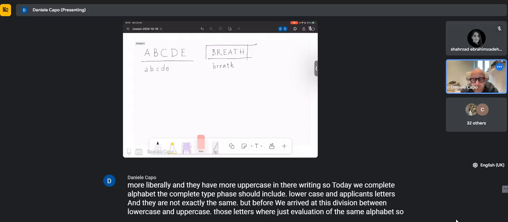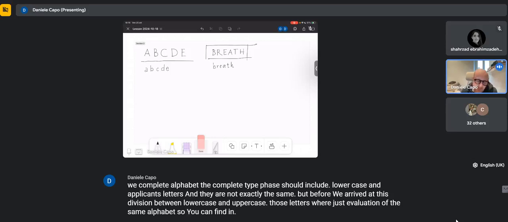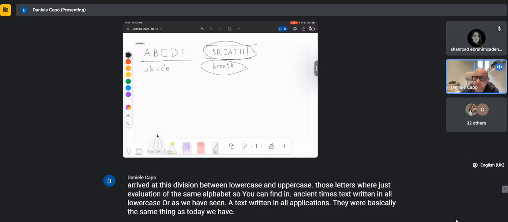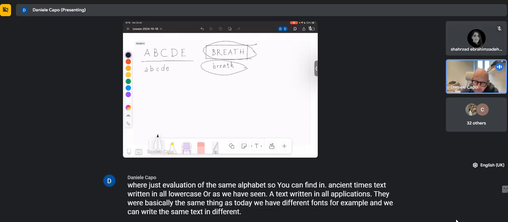So you can find in ancient times text written in all lowercase, or as we have seen, text written in all uppercase. They were basically the same thing. As today we have different fonts, for example, and we can write the same text in different fonts for style, for whatever reason.